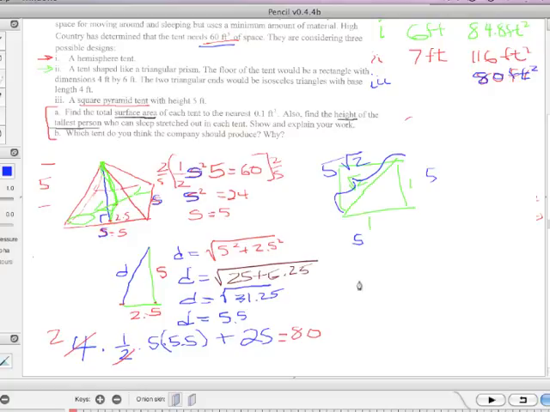So 5 root 2 is about 7.1 feet. Is the tallest person.